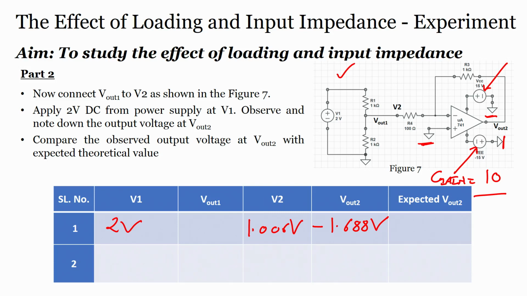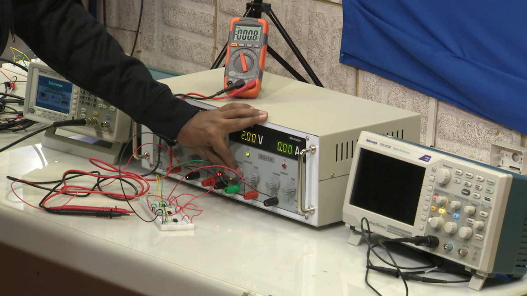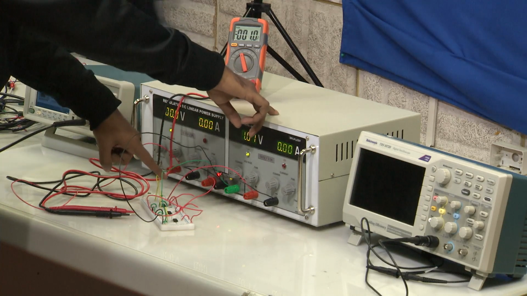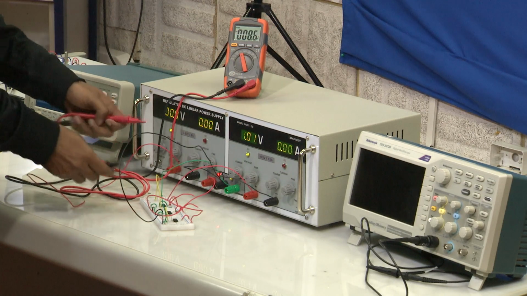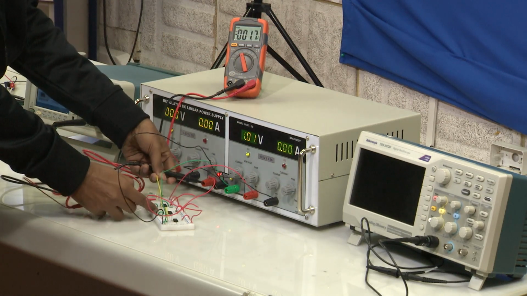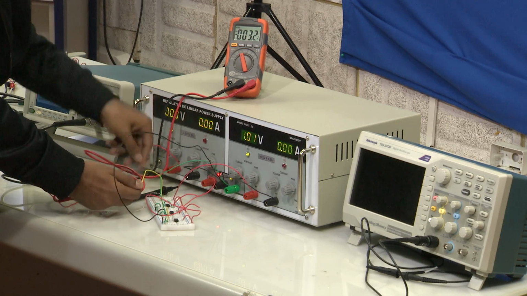Let us apply 1 volt at the input, so that we can see the output at the potential divider would be 0.5 volts.